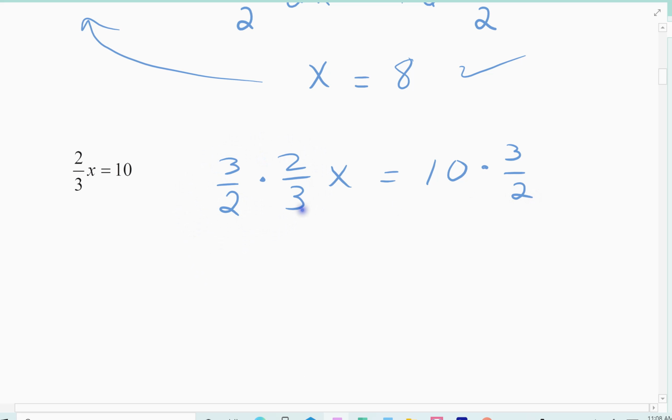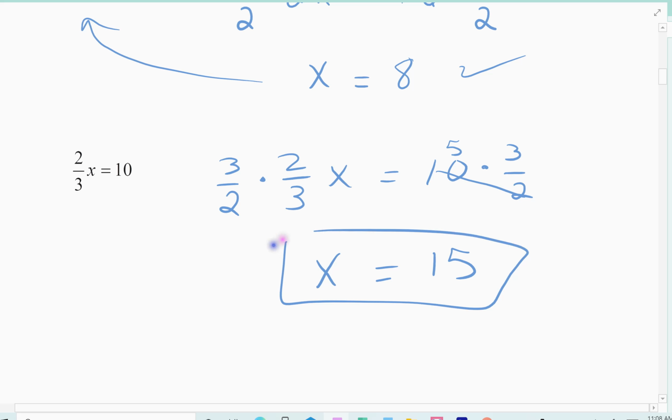They reduce to 1, and that leaves me with just x on that side. Since I multiplied by 3/2 on one side, I have to multiply by 3/2 on the other. That reduces to 5 times 3, which is 15. If you check it, 2/3 times 15 leaves you with 10. And that's how we use inverses, reciprocals, multiplicative inverses, with numbers in arithmetic and algebra.